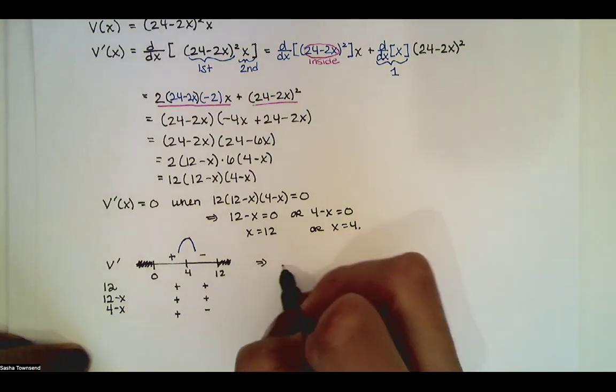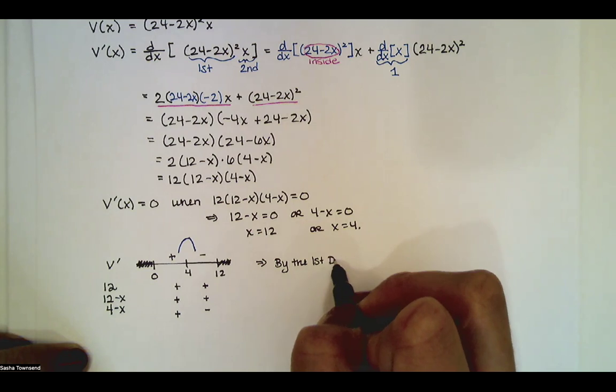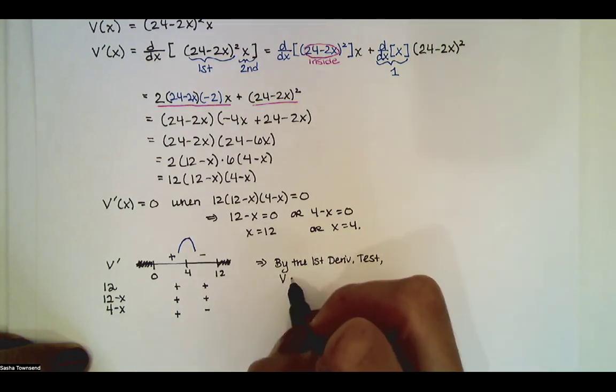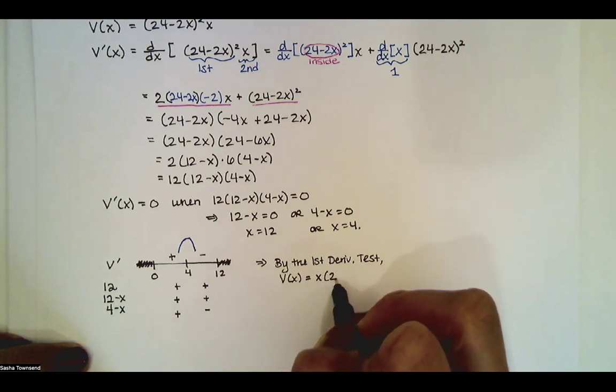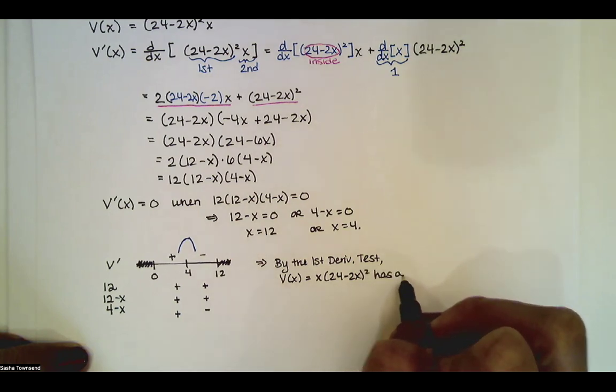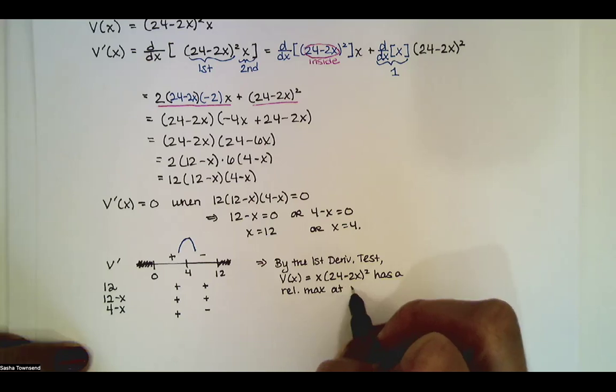So by the first derivative test, V of x equals x times (24 minus 2x) quantity squared has a relative max at x equals 4.